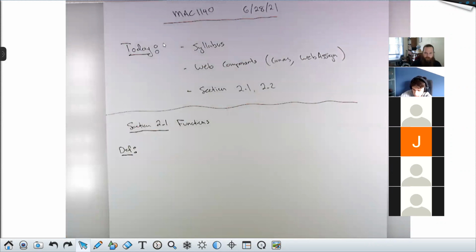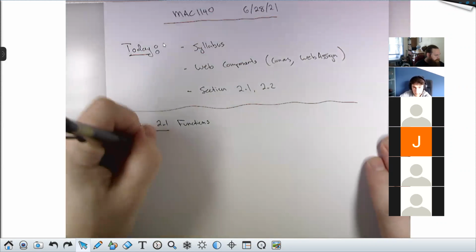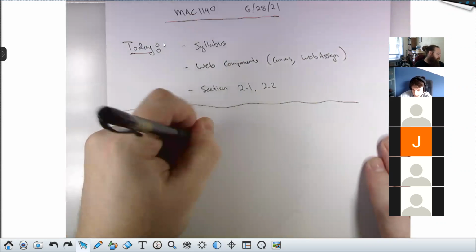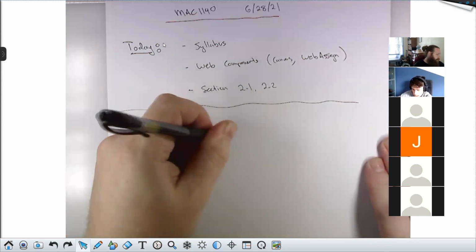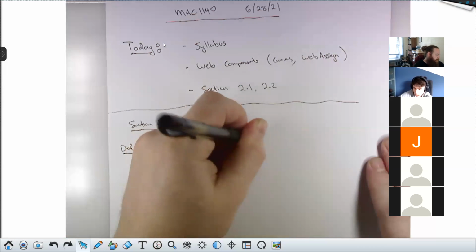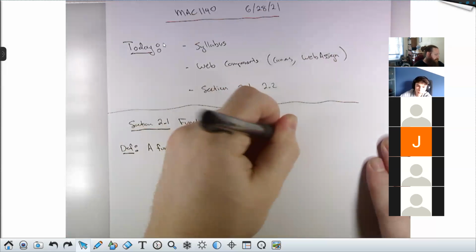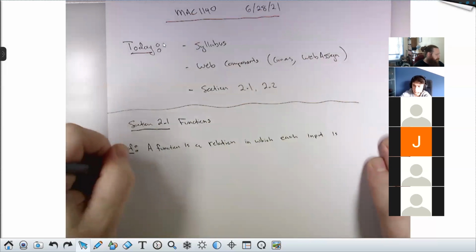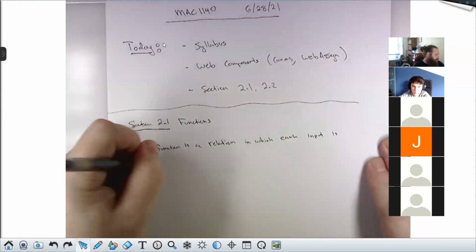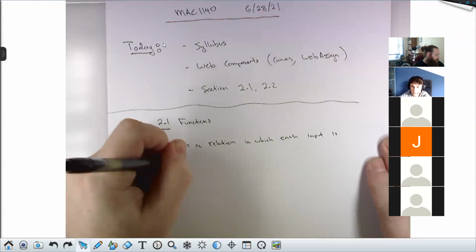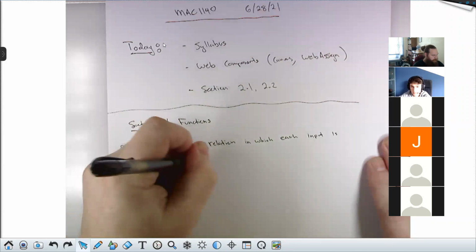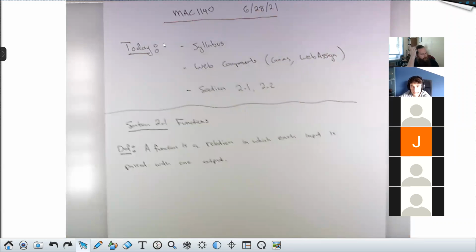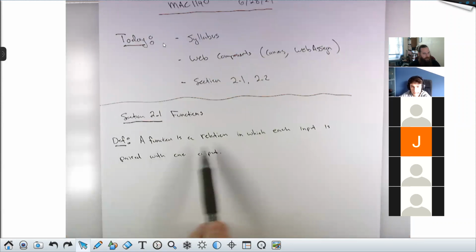Section 2.1 is all about functions. And as you probably know, a function is a relation, a mathematical relation, in which each input is paired with one and only one output. And that definition is a little bit dry because it hinges on this word relation.